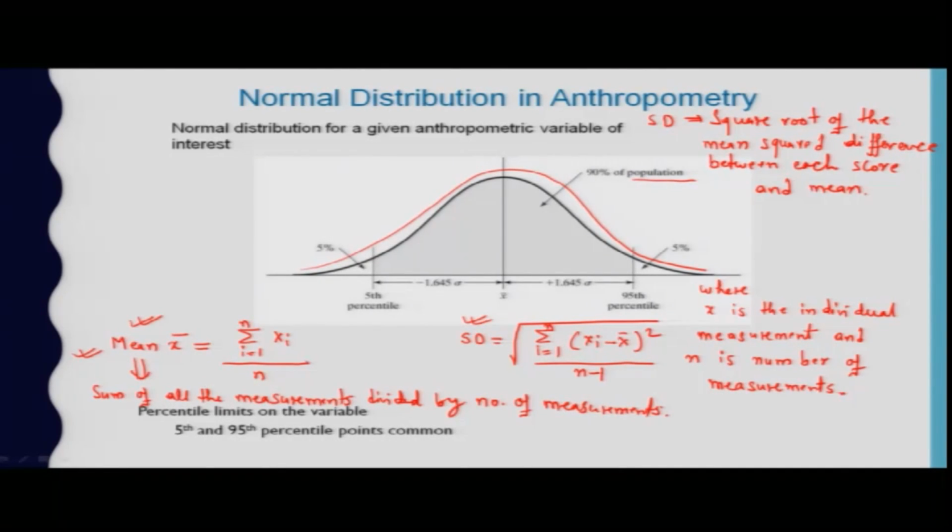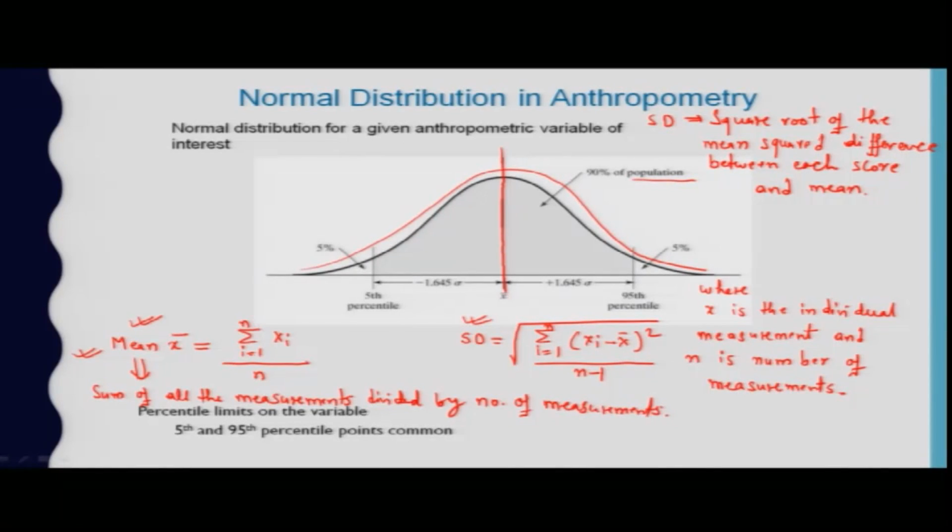So, here in this normal distribution curve, an important characteristic is that it is symmetric, as many observations lie above the mean as below it. So the right of the mean is equal to the left of the mean.